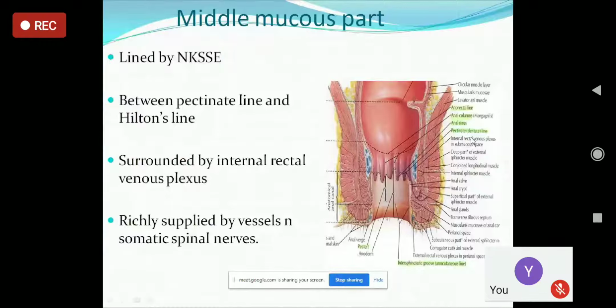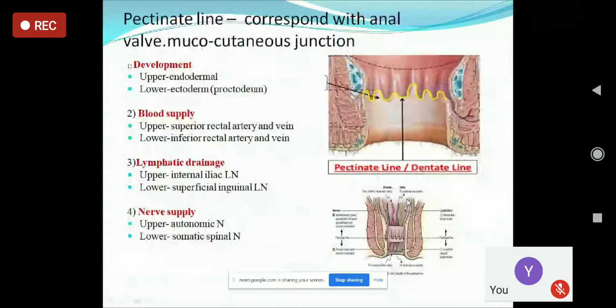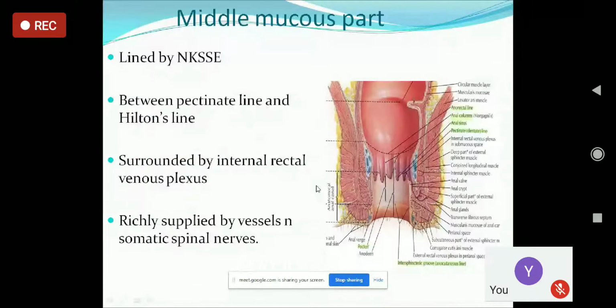Okay, the middle mucous part. In the exam, you have to write short notes on the pectinate line. Then you have to divide it and write the developmental aspects, blood supply, lymphatic drainage and nerve supply. Now we talk about the middle mucous part.